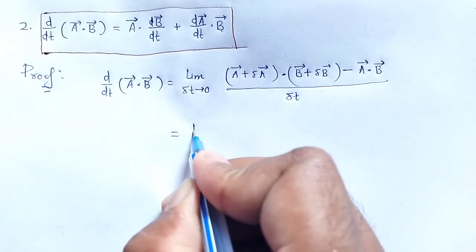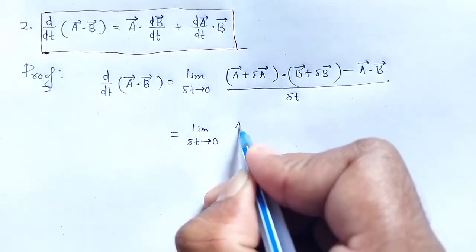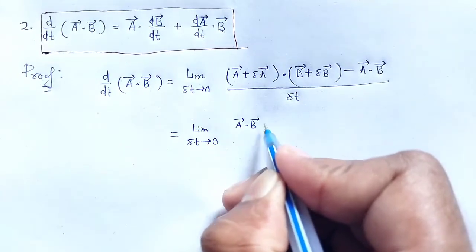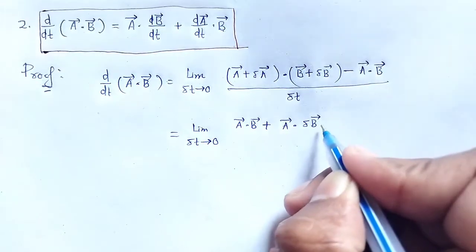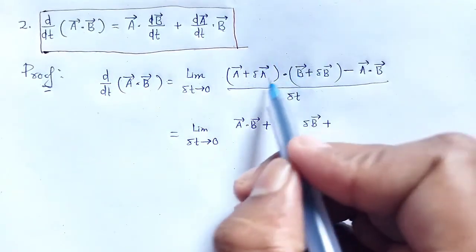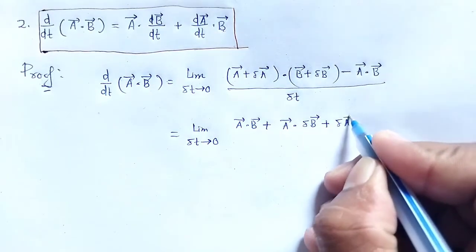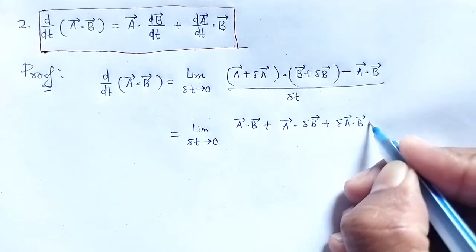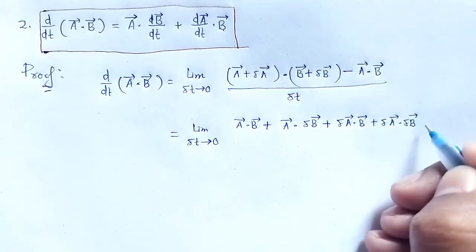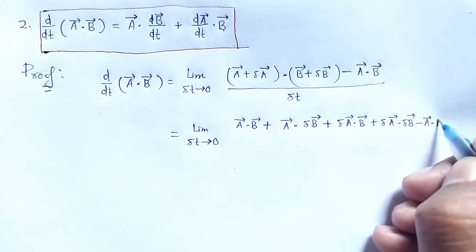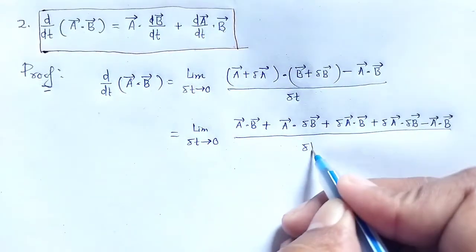Expanding the dot product: a dot b plus a dot del b plus del a dot b plus del a dot del b minus a dot b, divided by del t.